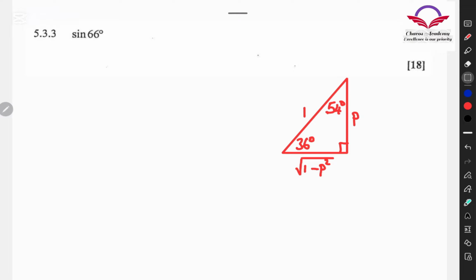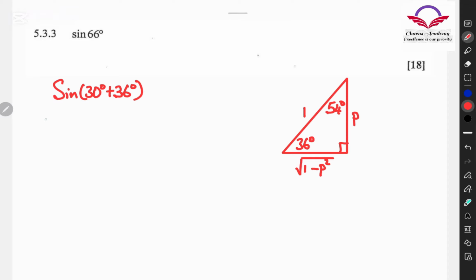The last one on question 5 is this one. You've got sine 66. In this case, we need to apply the special angles together with the one we're given there, which is 36, meaning that we should have sine of 30 plus 36.